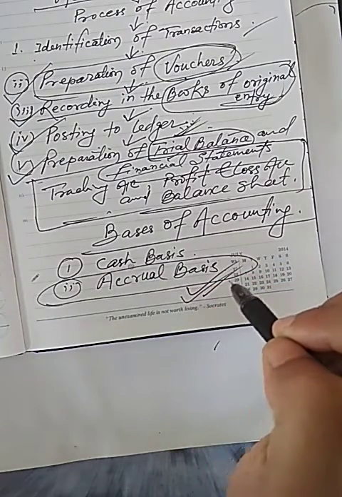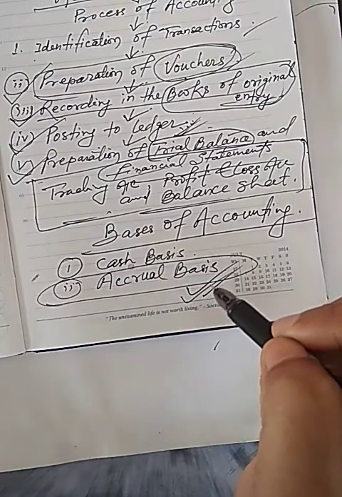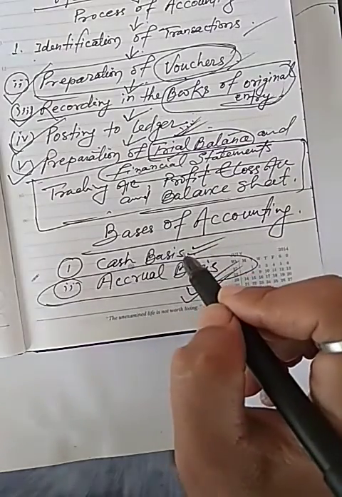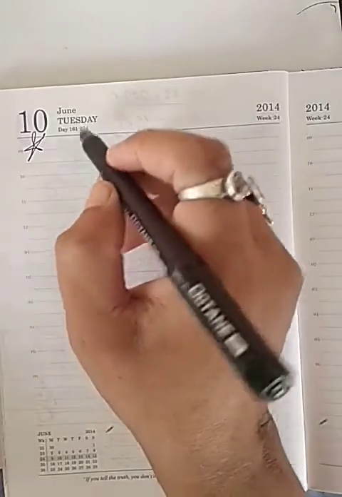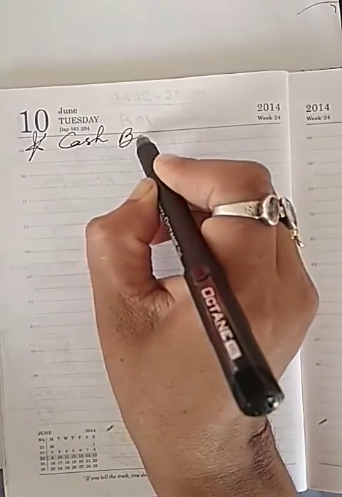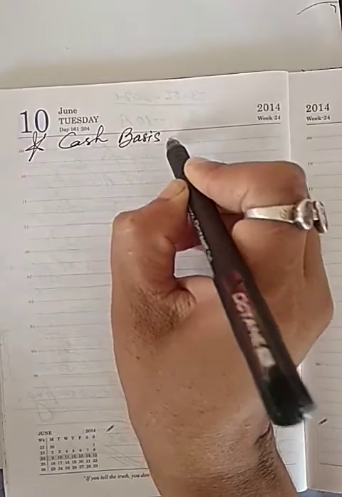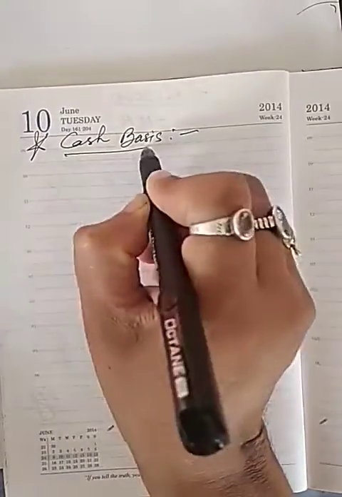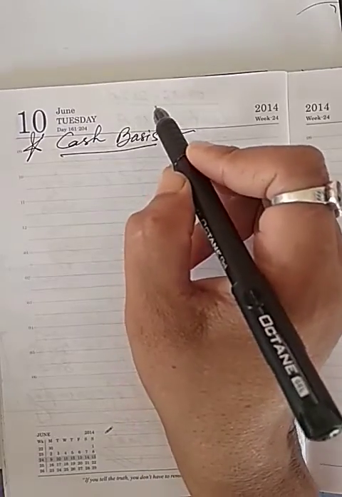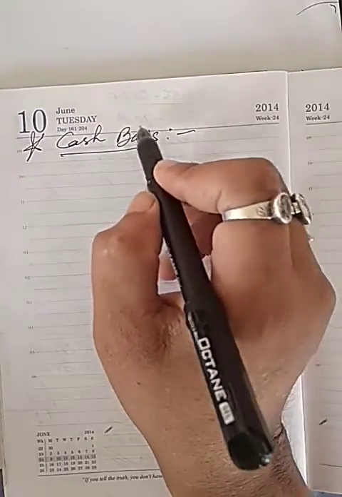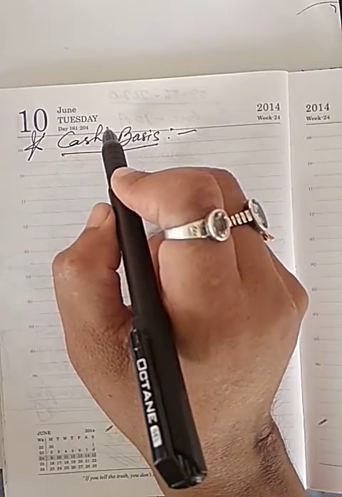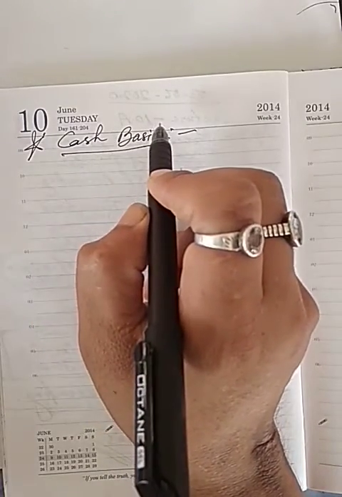Now I am going to explain about the cash basis of accounting. Cash basis of accounting. Under this basis, income is not recorded unless it is received in cash.